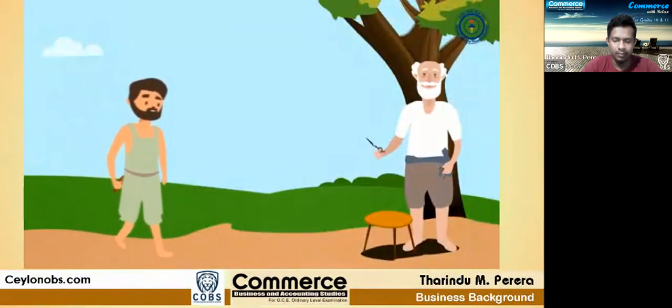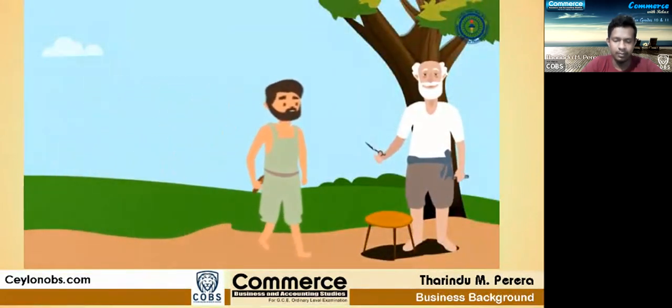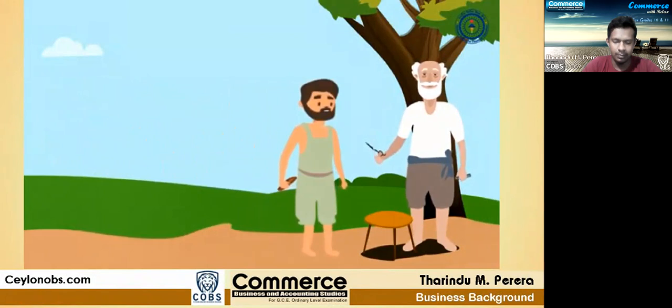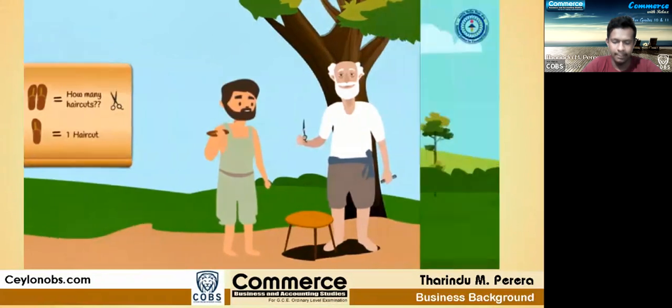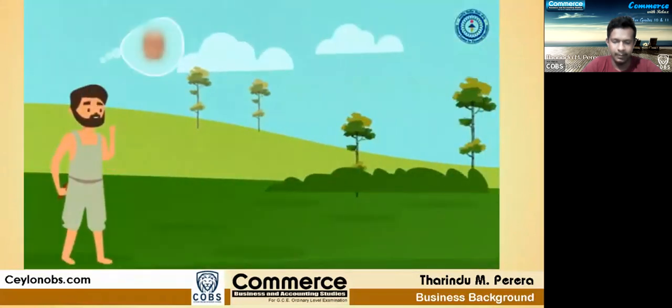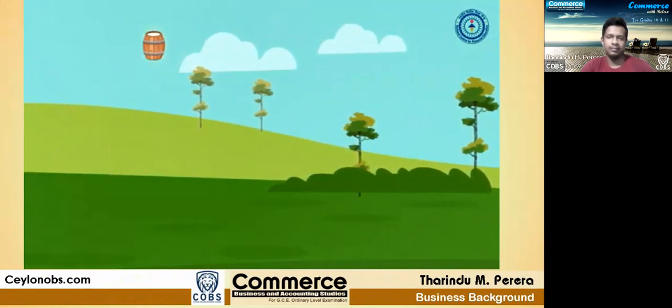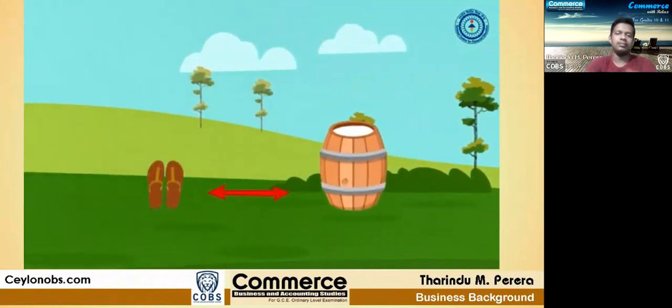Now Manoj needs a haircut and goes to Shambhu the barber. But the value of the haircut is much lesser than the value of a pair of slippers. And the slipper cannot be divided, and hence no barter takes place. Manoj needs milk, but the quantity of milk to be received in exchange for a pair of slippers is very high.